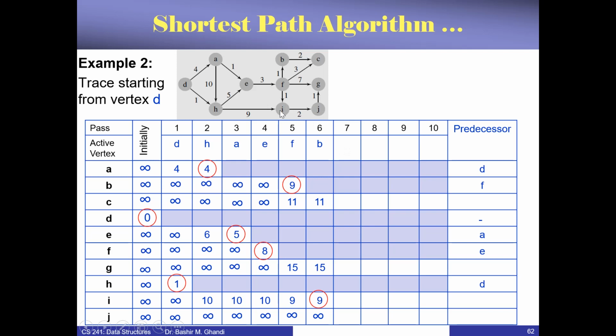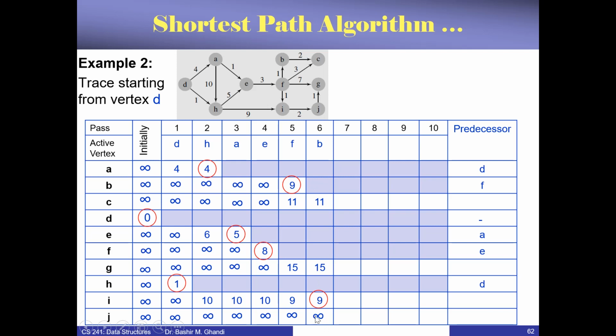Now, with I here, you will ask yourself, where can you reach? Again, as you can see from the graph, we can only reach J. So for the first time we are reaching J. It has been infinity all along. Now the cost of reaching I was 9. So plus 2, you will have 11.